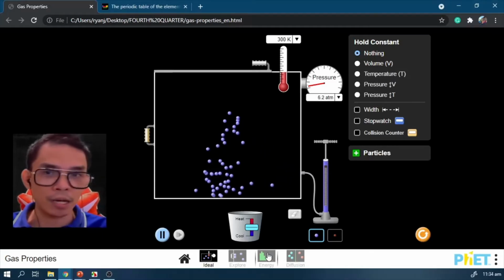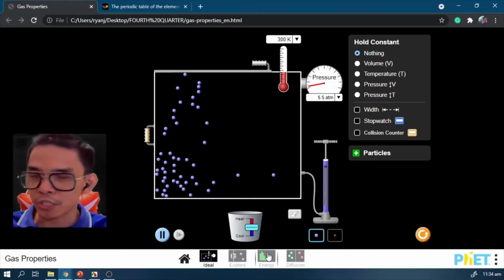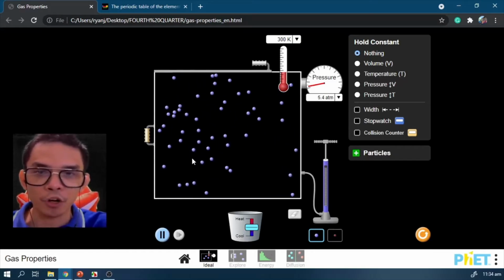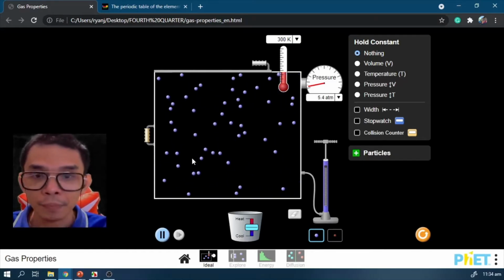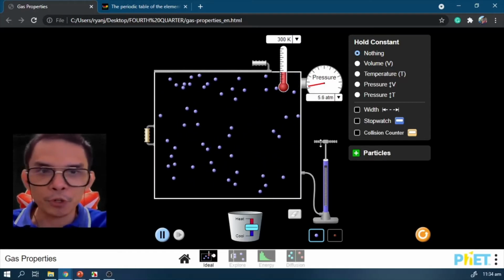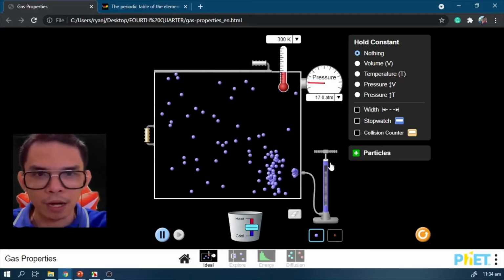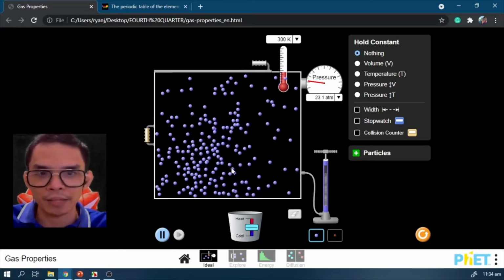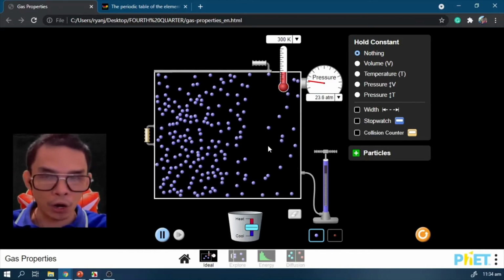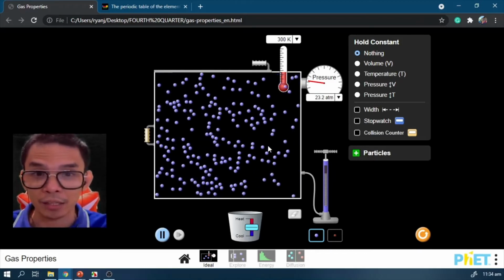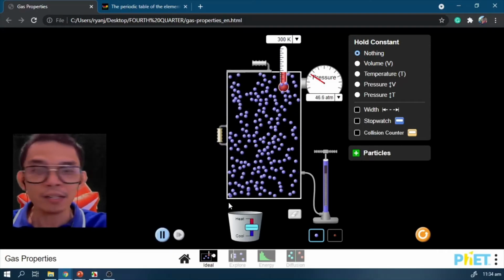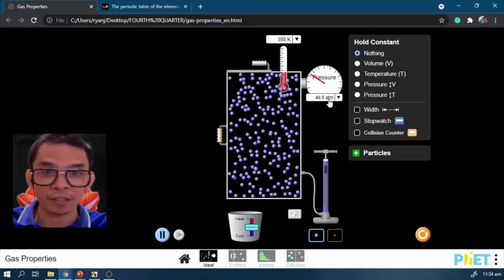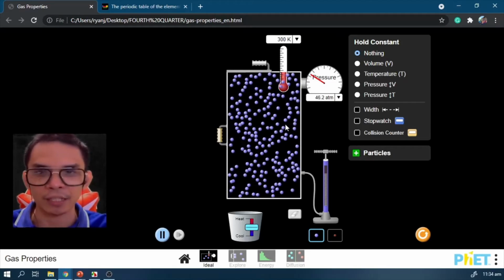As you can see, if you have fewer molecules of gas inside a container, the volume is negligible. But if you have a lot of gas inside, then the volume of your gas is significant, especially when you apply high pressure on it.